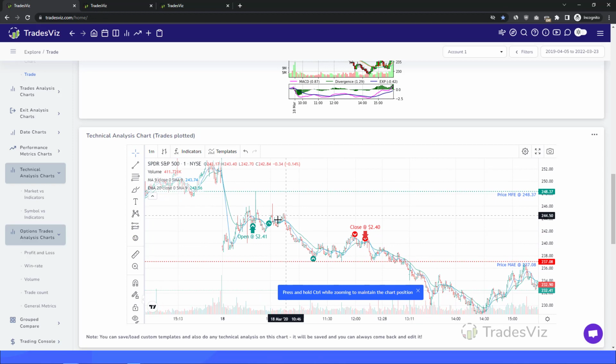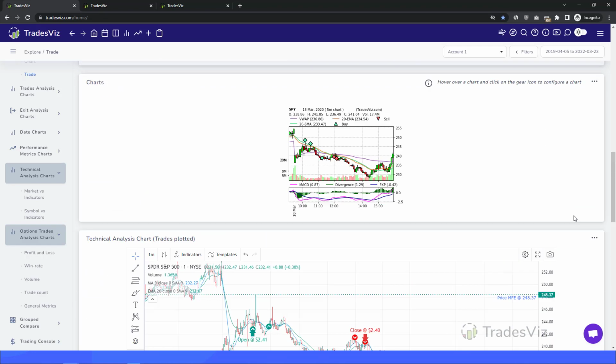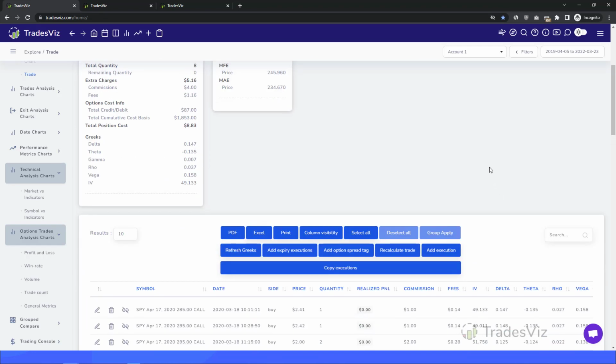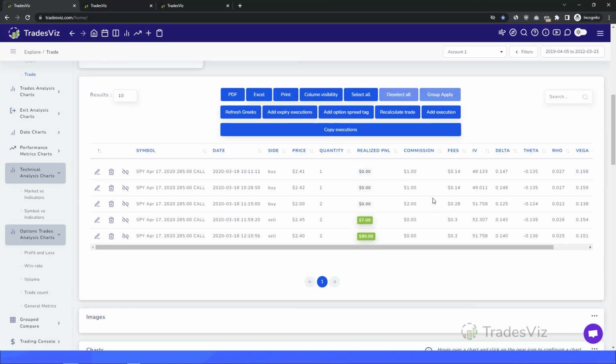So the entries and exits are also plotted for you in the chart, right? So we need to think about not just choosing the trades based off our deltas or weeks. We also need to look at how our decisions, right, how our entries or exits affect the result of the trade.